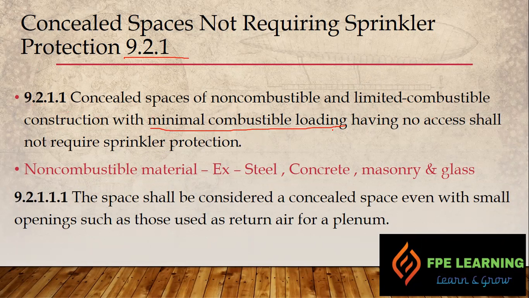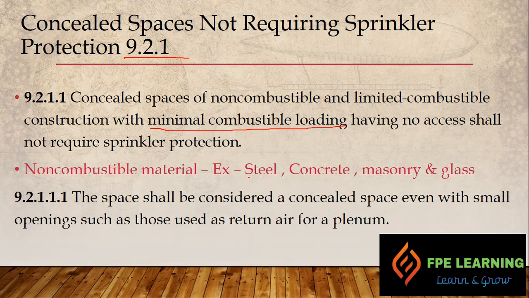So when you talk about the minimum combustible loading, we are talking about some of the conduit, utility lines, cable and all those that pass through the concealed space, right? So what are the non-combustible materials?